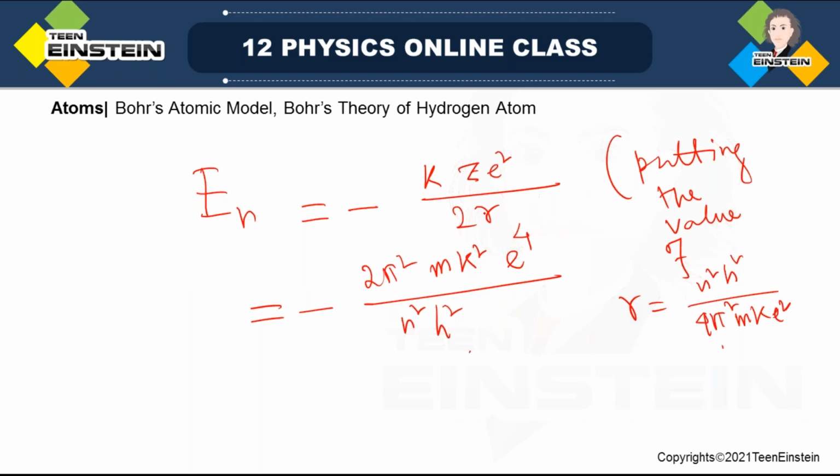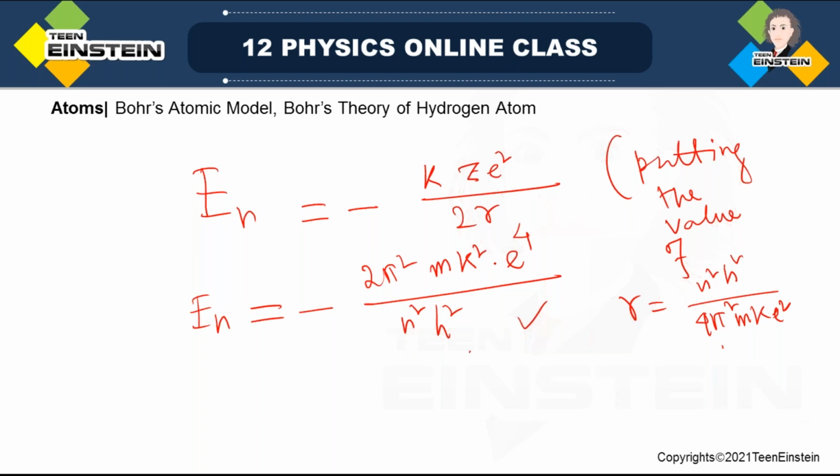If we put the value of r here, we get this expression. This is the expression for the total energy of a hydrogen atom.